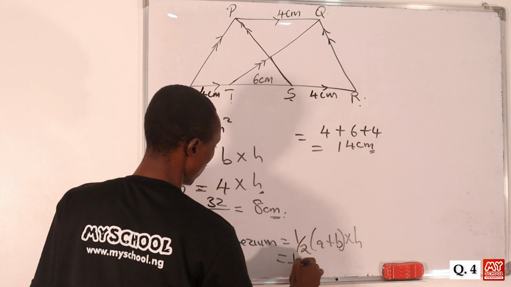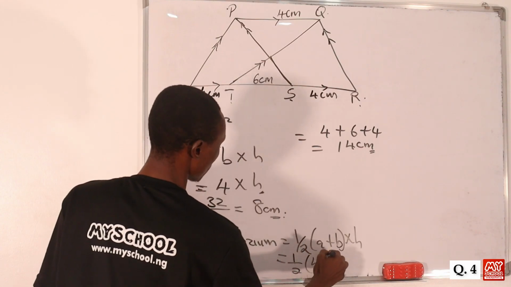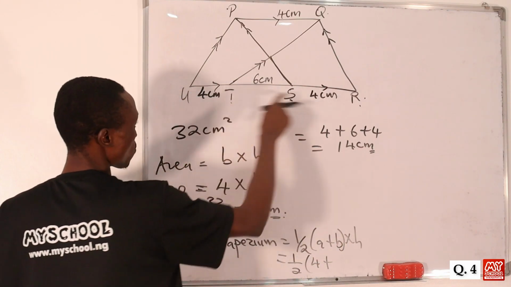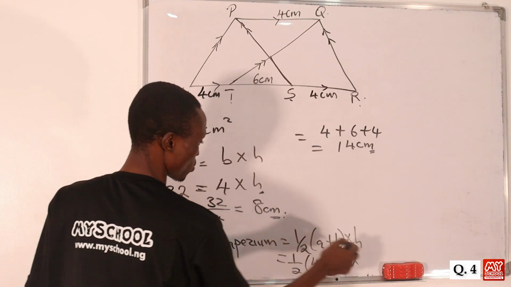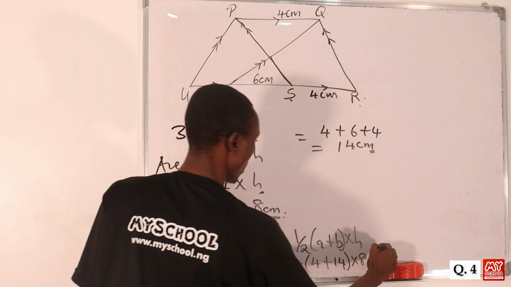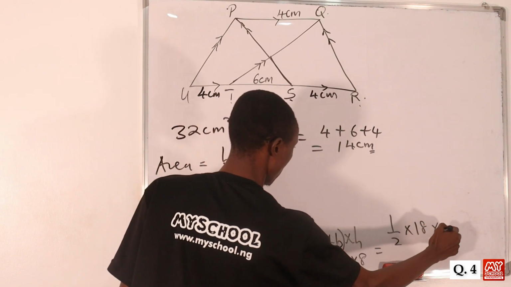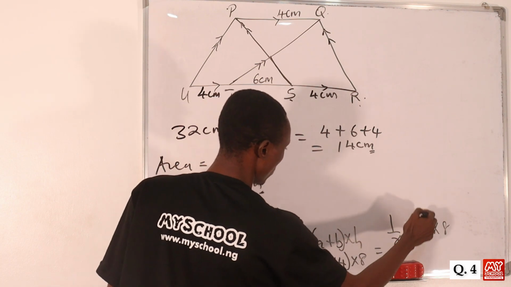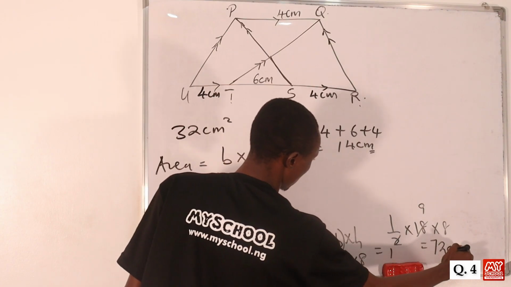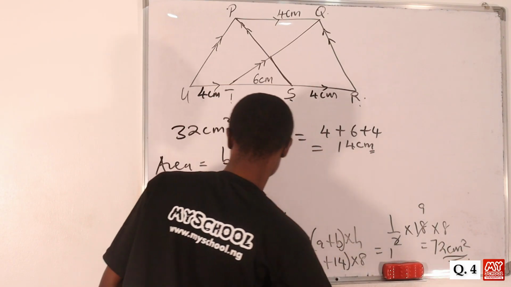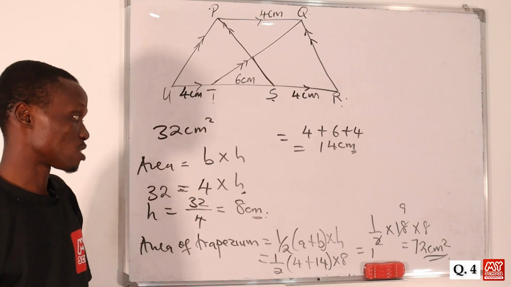So here we have 1/2, then our A will be PQ, which is equal to 4, plus B, which is U arrow, equal to 14, then times the height, which we calculated to be 8. So here we have 1/2 times 18 times 8. 2 into 2 is 1, 2 into 18 is 9. So 9 times 8 is equal to 72 centimeters square. So the area of the trapezium PQRU is equal to 72 centimeters square.